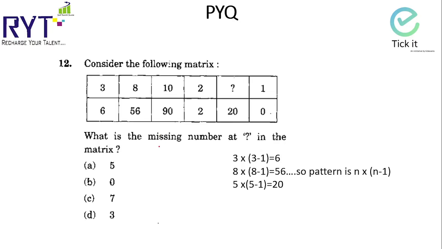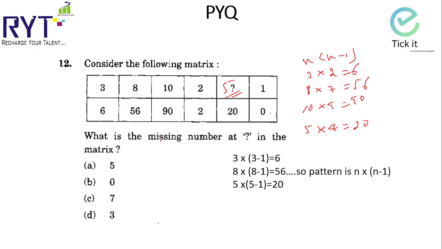N into n minus 1 is the logic. 3 into 3 minus 1 is 2, 3 into 2, 6. 8 into 8 minus 1 which is 7, 56. 10 into 9, 90. Same way, question mark, we should have 5 because 5 into 4 is 20. So this place will have 5 as the answer. Option A, 5 is the correct answer.